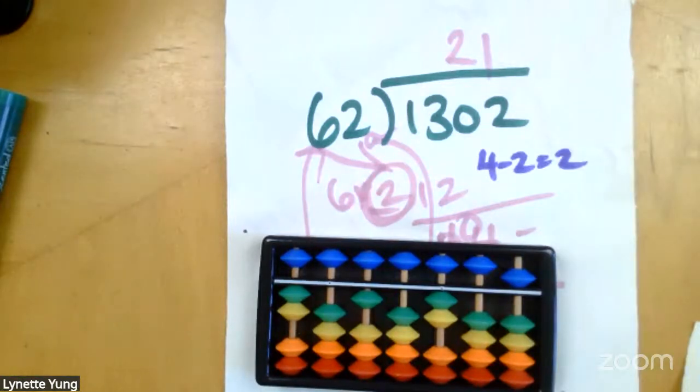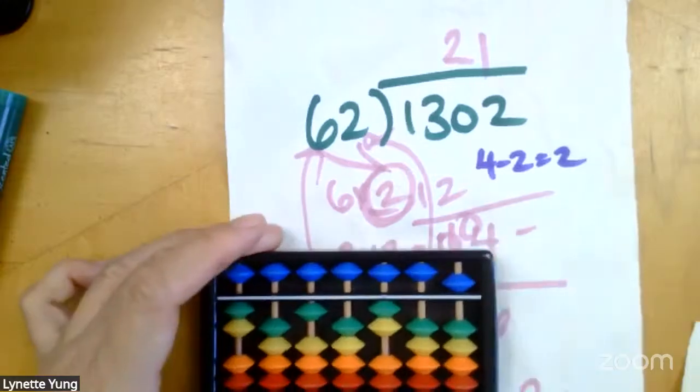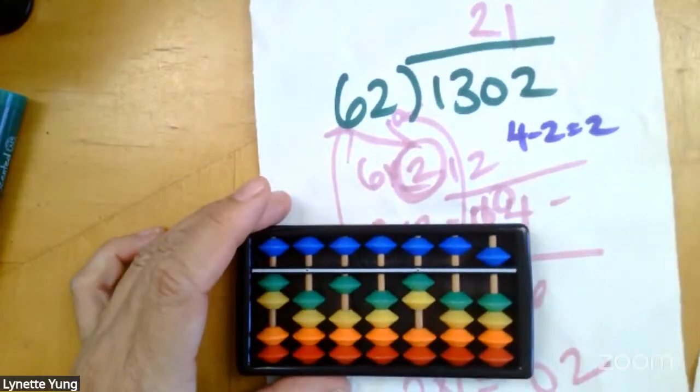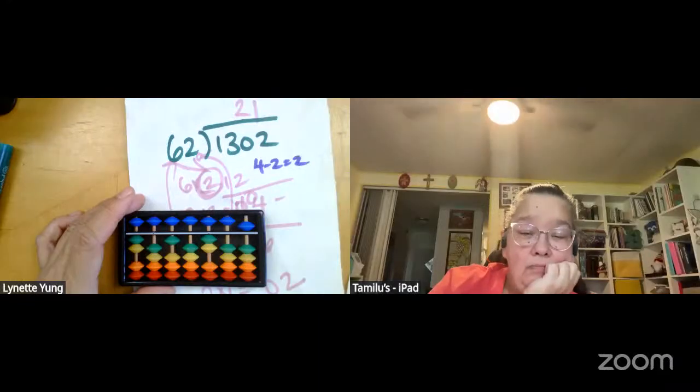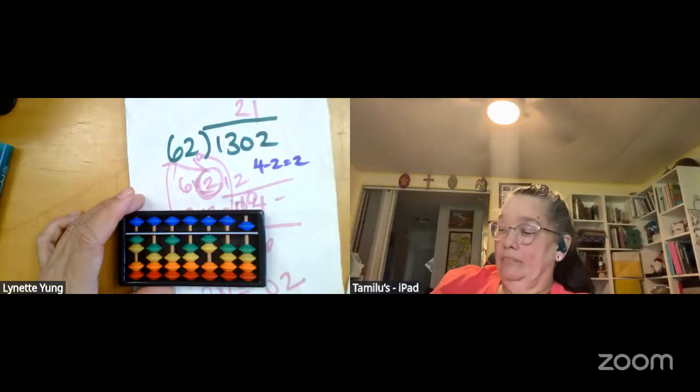Next time, but still writing visually. So Tammy, on the side, do you put 6 times whatever in the answer, or you don't even do that either? Do you show your work on your paper, or you just do it on the abacus? Wait, hold on.